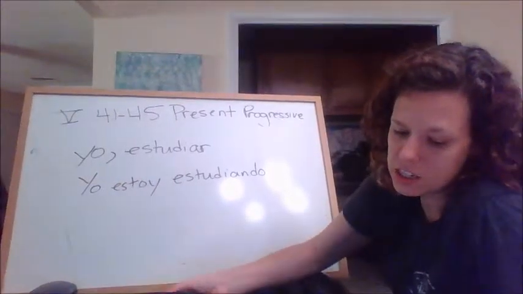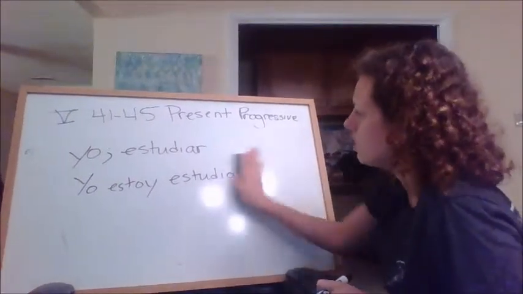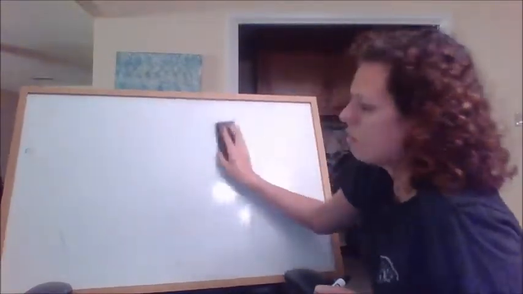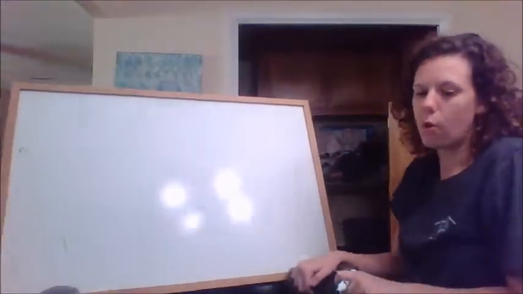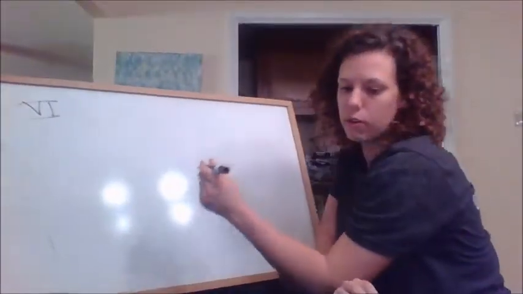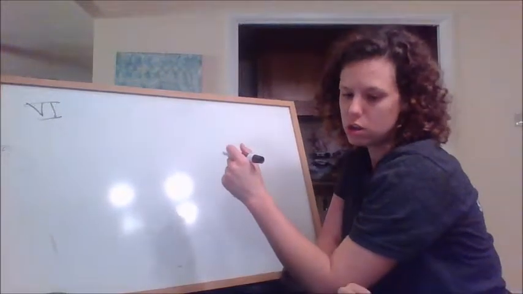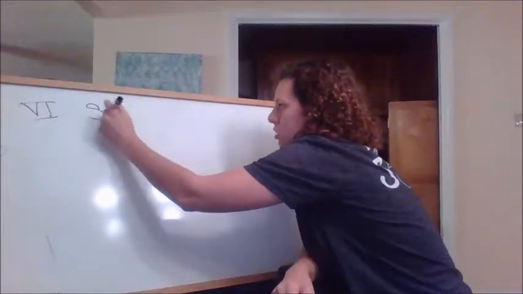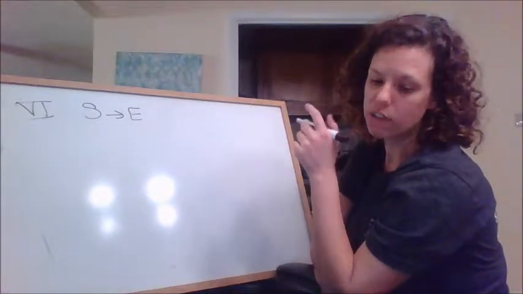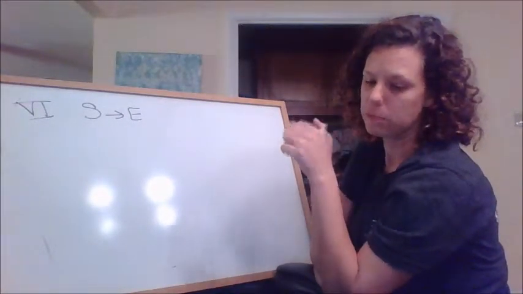Parts 6 and 7 are translation, but it's vocabulary. So it's not like full sentences. So part 6 is translate the following words, phrases to English. So this is Spanish to English. It says include the definite article when applicable. Okay.